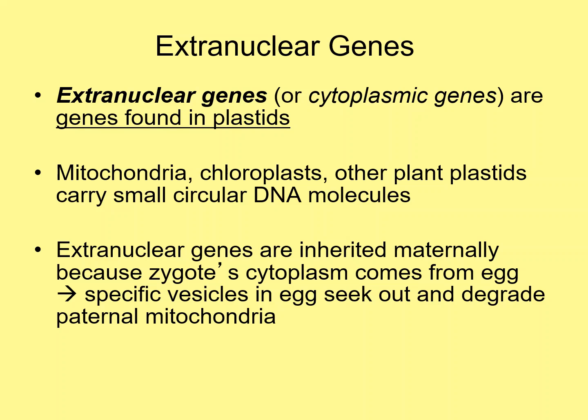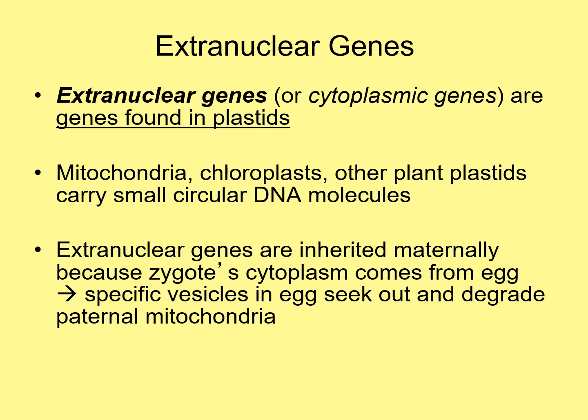But people would say, well, there's mitochondria in the sperm cell too. Why don't we have a mix of both? It's essentially because the mitochondria in the egg are very jealous and territorial. They have vesicles that seek out the mitochondria coming in from the sperm cells and essentially digest them.